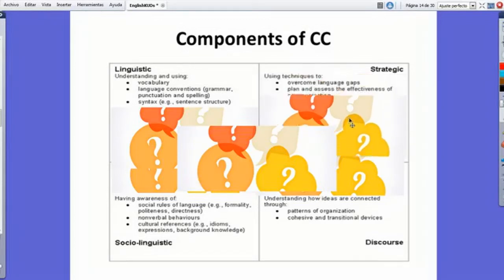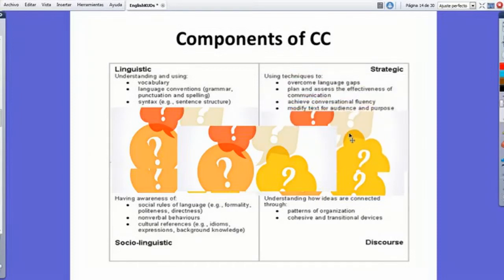By strategic, we mean using techniques to overcome language gaps, plan and assess the effectiveness of communication, achieve conversational fluency, modify text for audience and purpose.